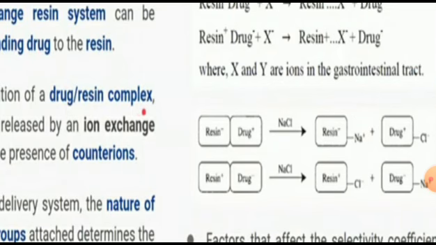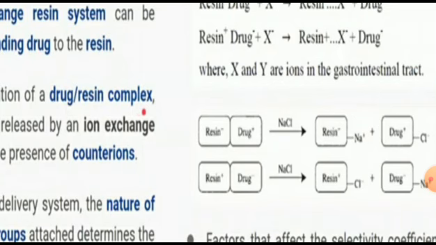When it contacts sodium chloride, sodium is the cationic part, which carries a positive charge, and chlorine is the anionic part, which carries a negative charge. So this drug has the exchangeable property, and it will be displaced by the sodium ion. When this resin and drug complex reaches the bulk volume of fluid, displacement will occur.